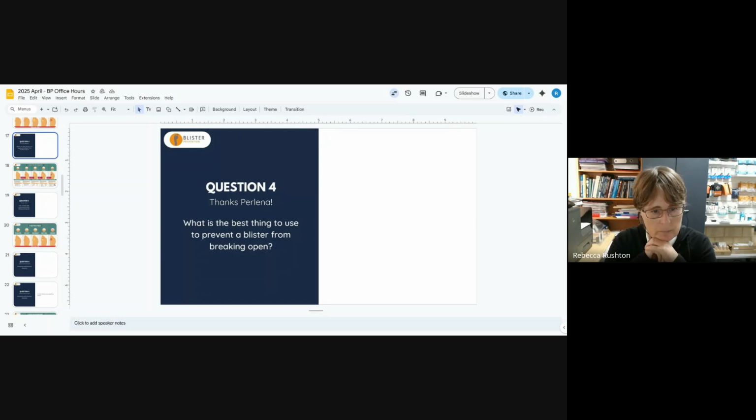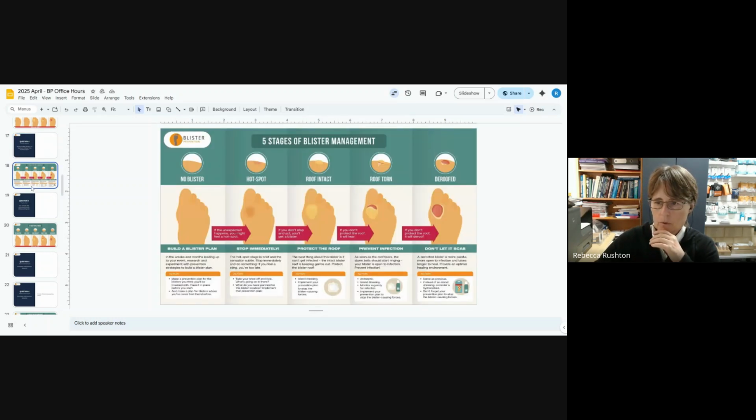Perlina asks, what is the best thing to use to prevent a blister from breaking open? So what Perlina is asking is, how do we keep the blister roof intact and prevent it from tearing? Very easy. We need the island dressing to protect that blister roof, because think about it, the blister roof is just skin that's lost its underlying support.